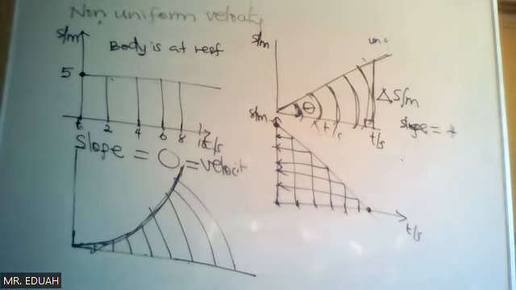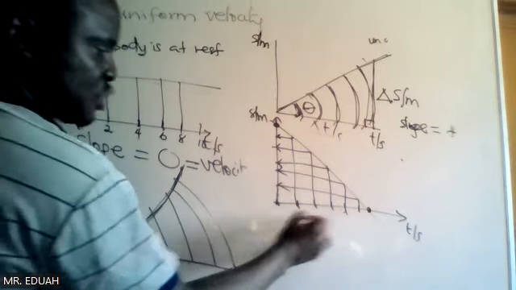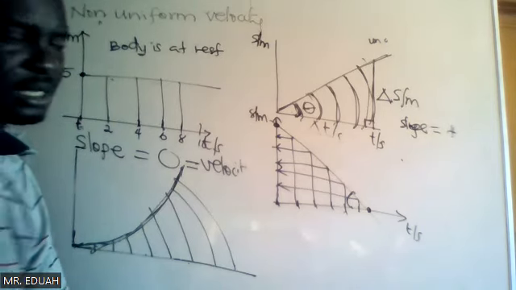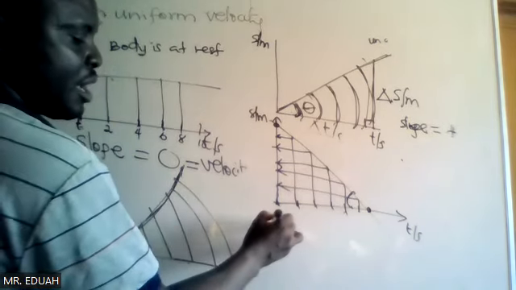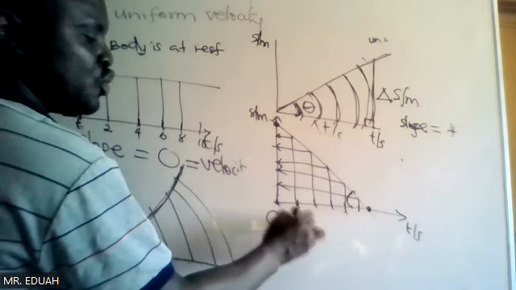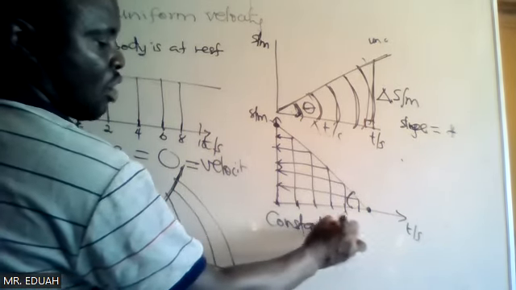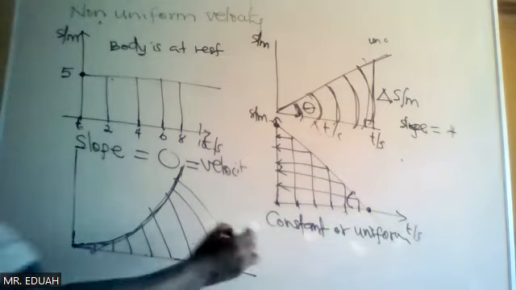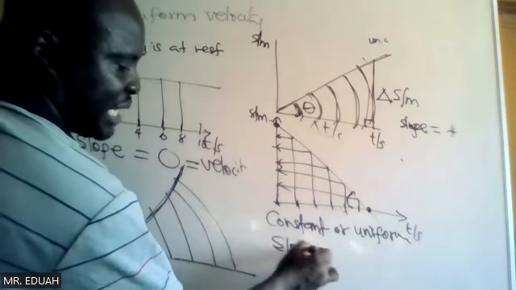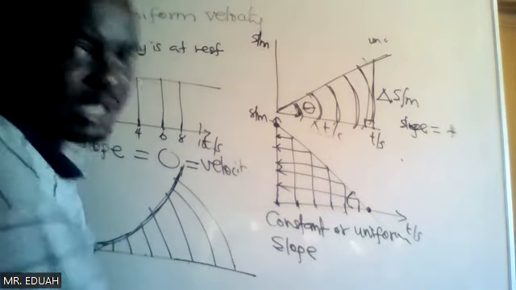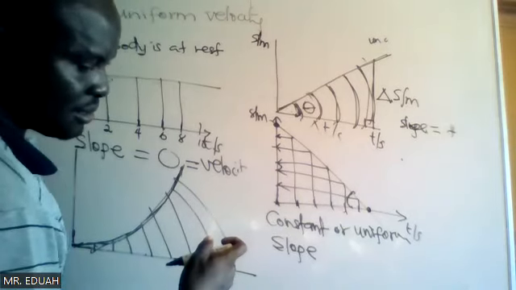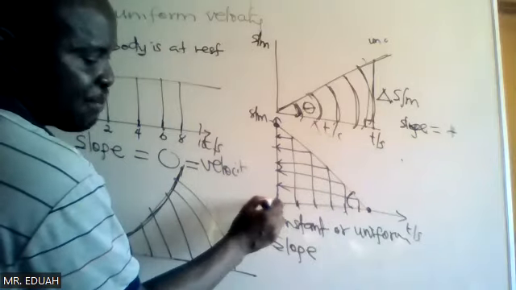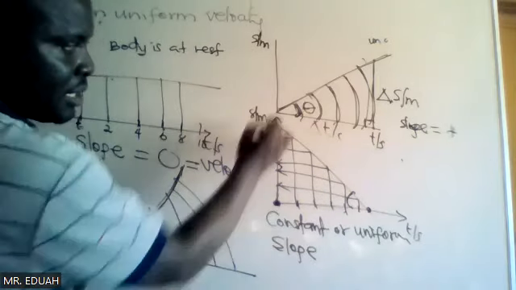Okay. So this one, when you find the slope, this slope is also constant. So this will also give you a constant or uniform velocity. But when you find the slope, it's negative, telling you that the body is moving in the opposite direction, or the body is moving back to the starting point, the origin.